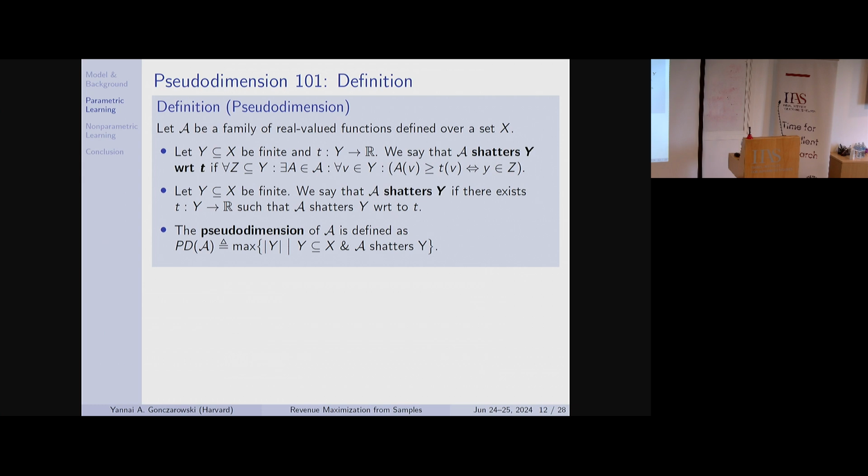It kind of says, intuitively, the number of degrees of freedom you have is at least the size of Y. Otherwise, you wouldn't be able to do all of this. So you can think about the pseudo dimension as the largest number of degrees of freedom as defined in this way.